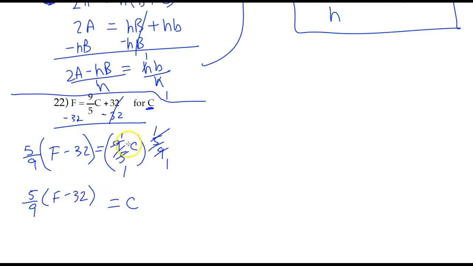Okay. For those of you that want to go a little further, you may want to interpret this as this over 1 and distribute your 5 across here. And if you did that, that'll be 5f minus 160 divided by 9 equals C. And that is perfectly acceptable as well.